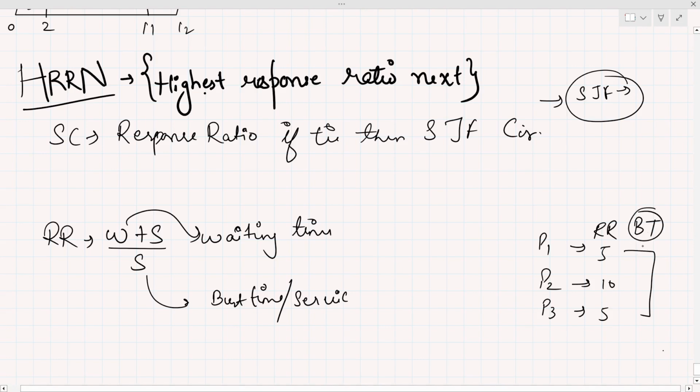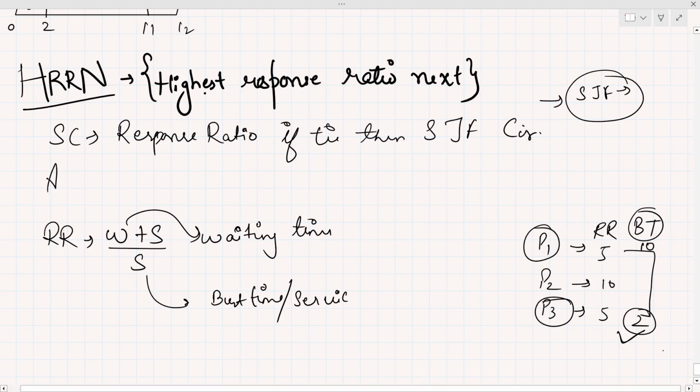Let's say that for the P1 process burst time is 10, and for the P5 process burst time is 2. Definitely we select the P5 process and then the P1 process because its burst time is lower. This is what we do in SJF as well. So this is the scheduling criteria of HRRN, highest response ratio next.